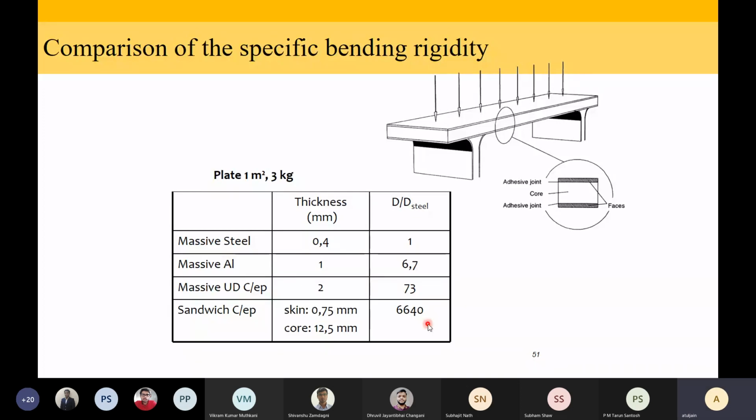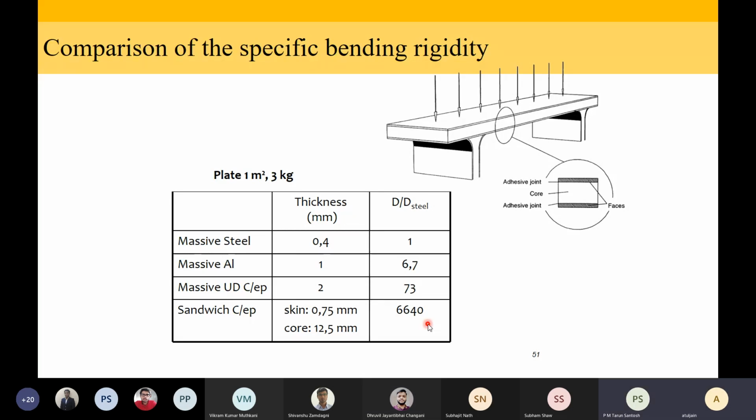Is this not a huge number? Yes. Do you understand the analysis that I'm trying to present here? Anybody?